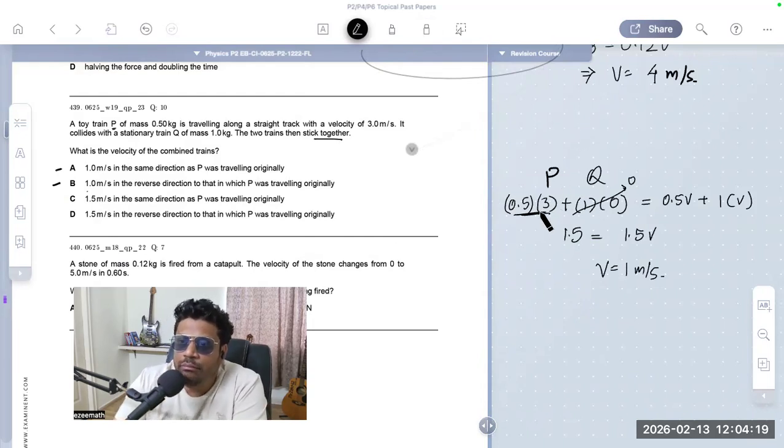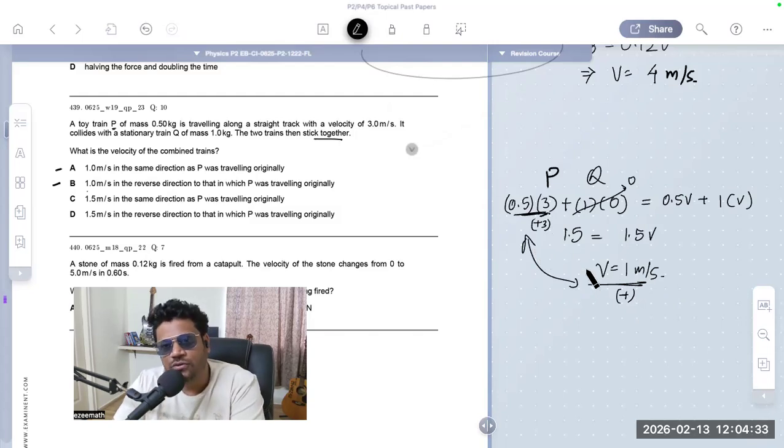With P, the velocity of it taken as +3, and the final velocity also coming out to be +1, both of them are supposed to be in the same direction. The velocity initially for P and the velocity finally for P have come out to be the same sign, so P continues to move in the same direction.